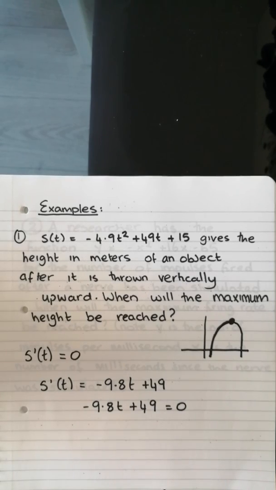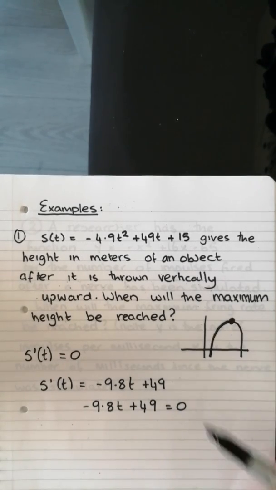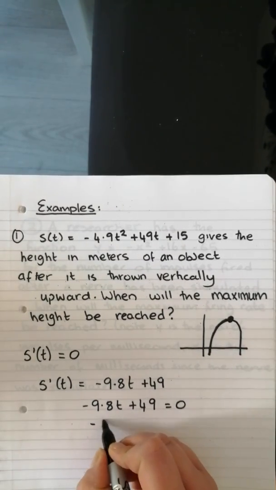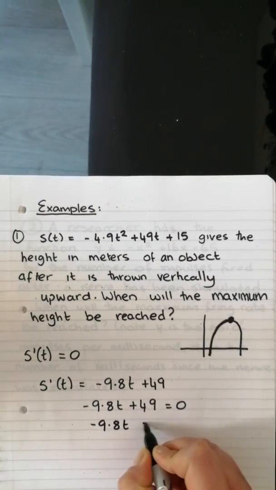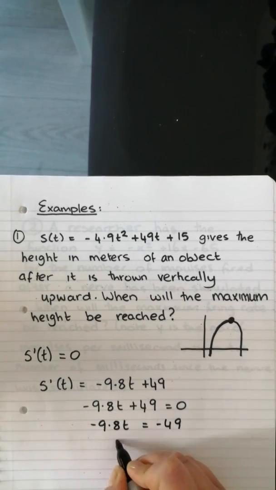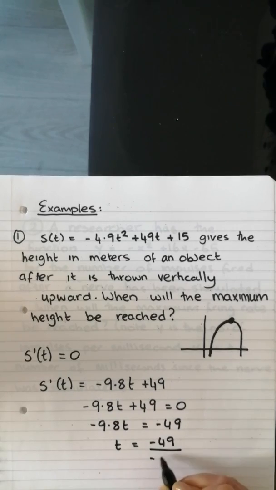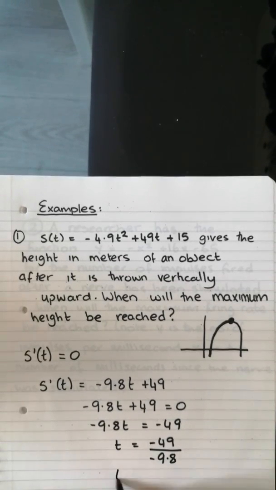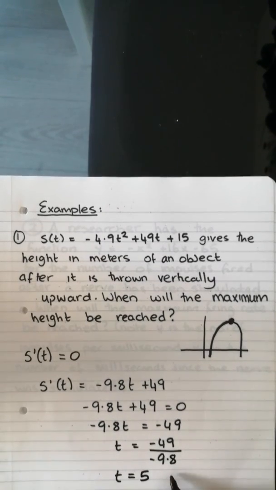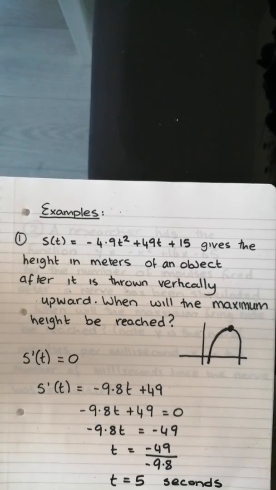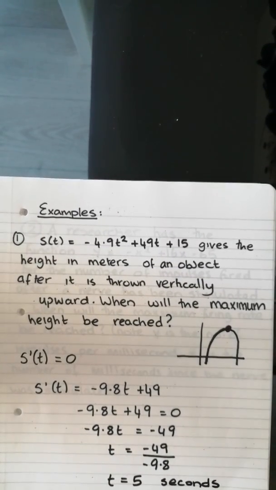And t here represents seconds. So we have minus 9.8t is equal to minus 49, so t is minus 49 divided by minus 9.8, so t is equal to 5. Because t is seconds in this question, t is equal to 5 seconds. So the maximum height will be reached at 5 seconds.